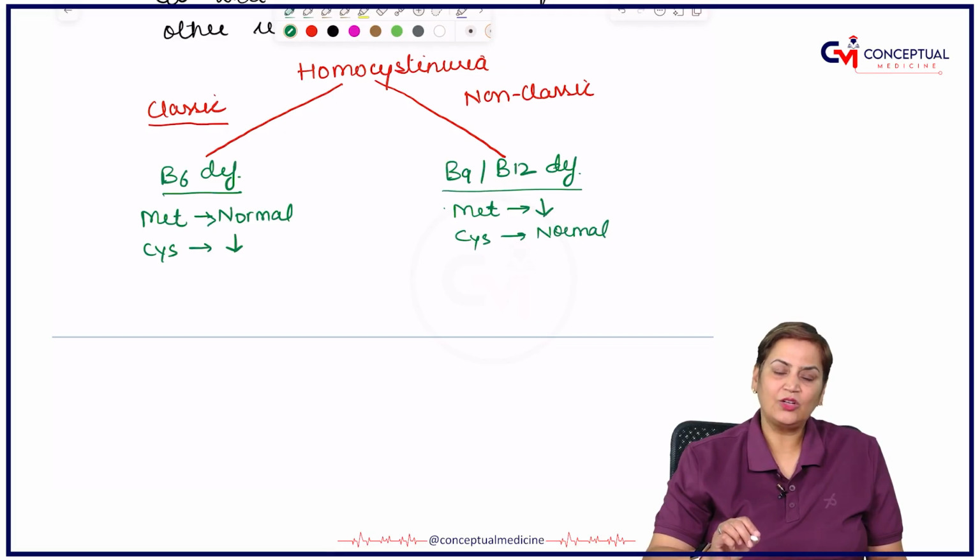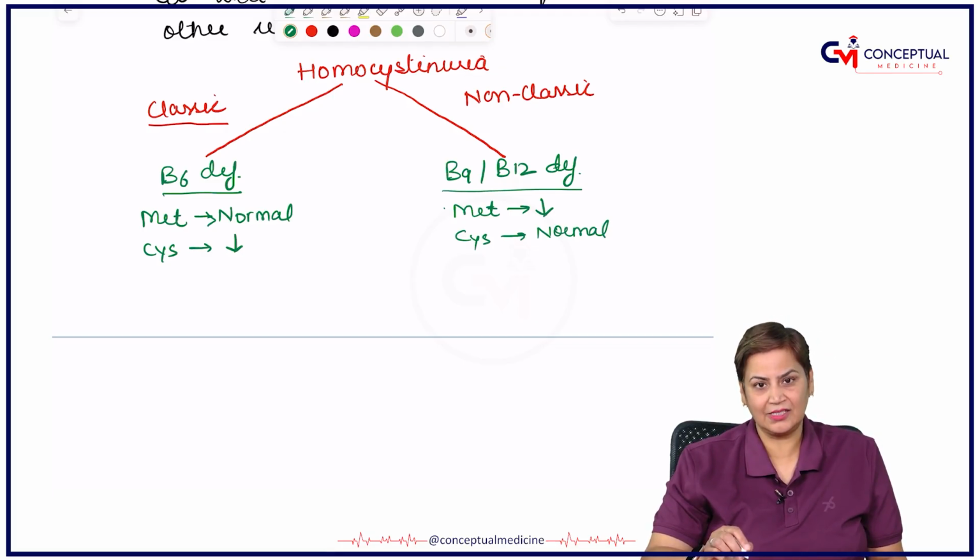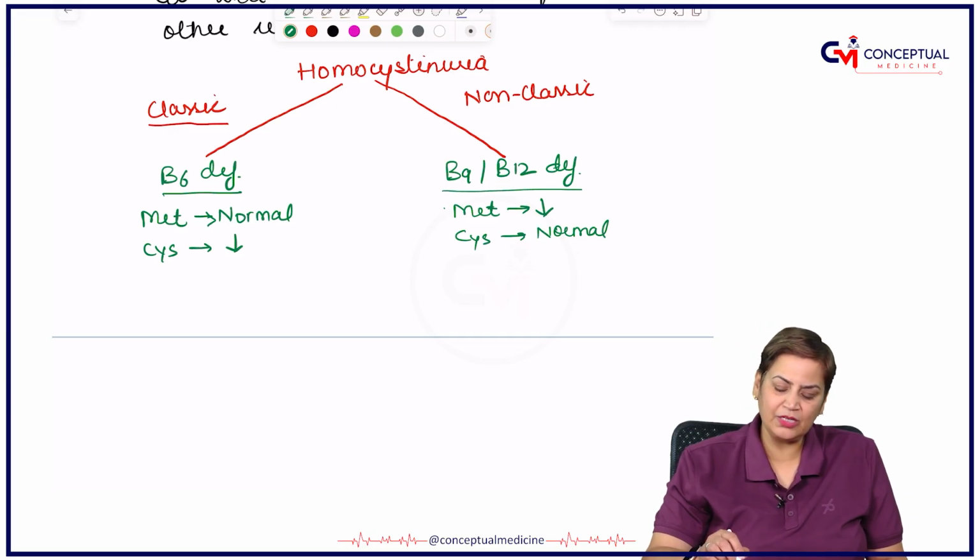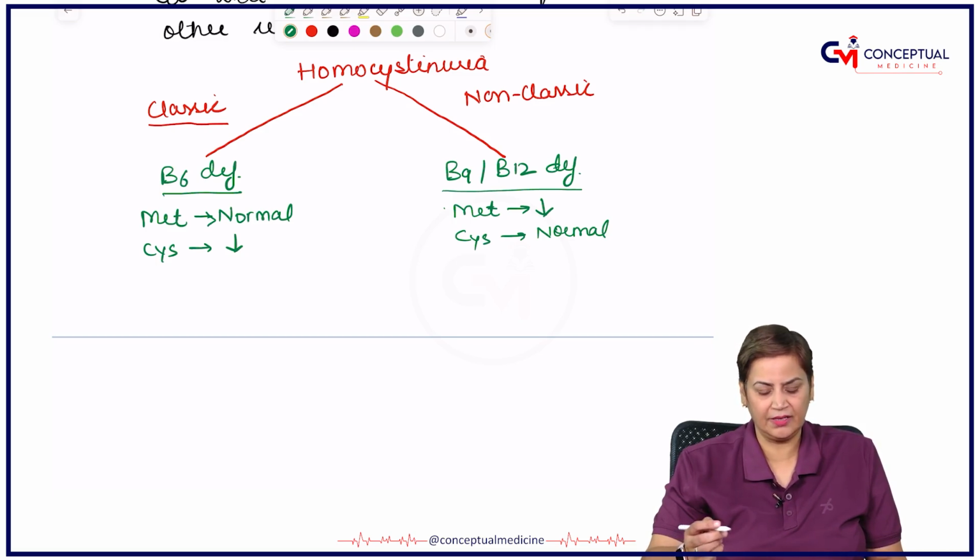So homocysteinuria non-classic is due to deficiency of either B9 or B12, but B12 deficiency will lead to folate trapment of folic acid.